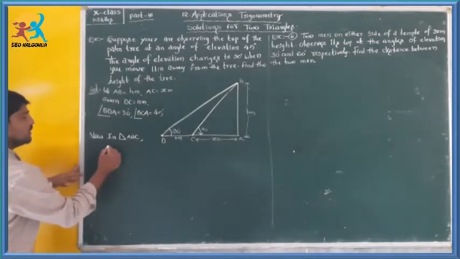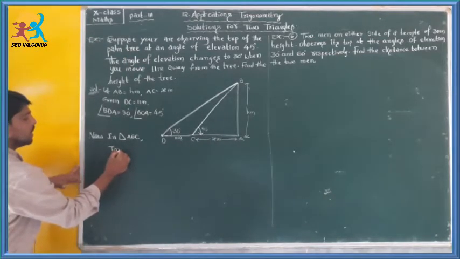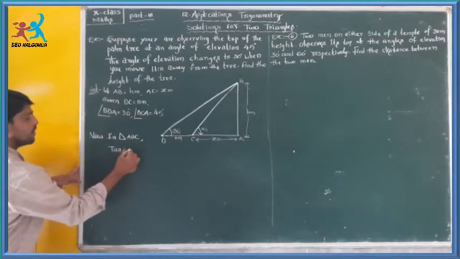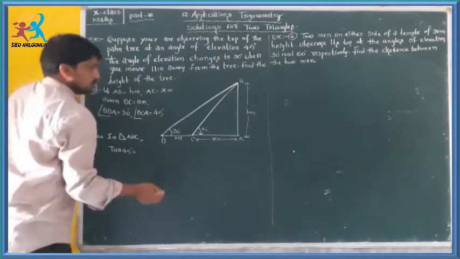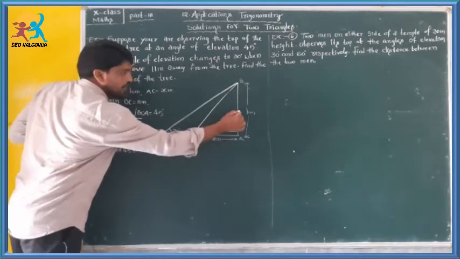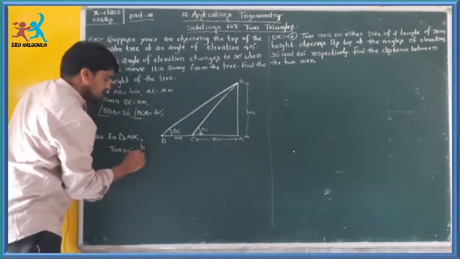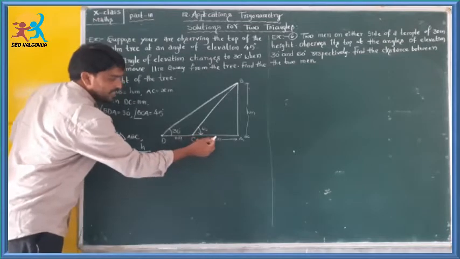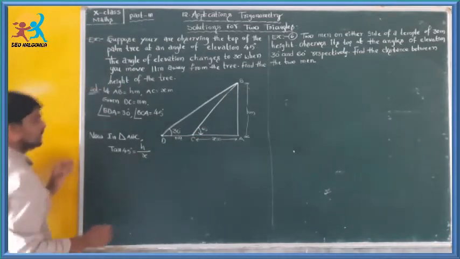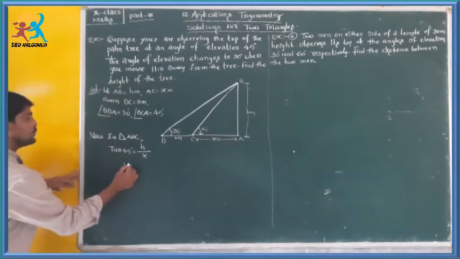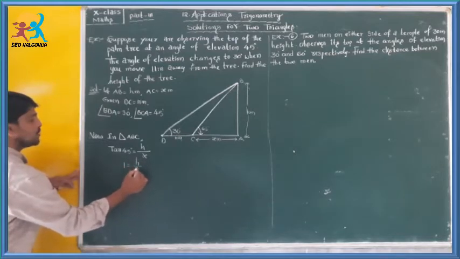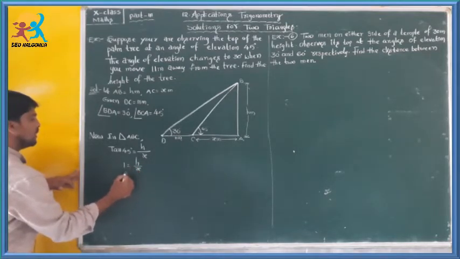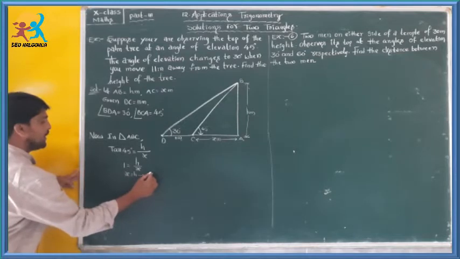So in right angle triangle ABC, tan 45 degrees equals the side opposite to 45 degrees, h meters, by the side adjacent, x meters. That is, tan 45 value is 1, equal to h by x, so x equals h. Let it be equation 1.